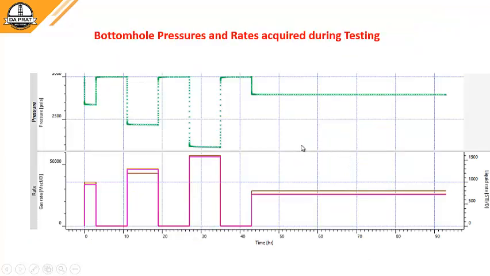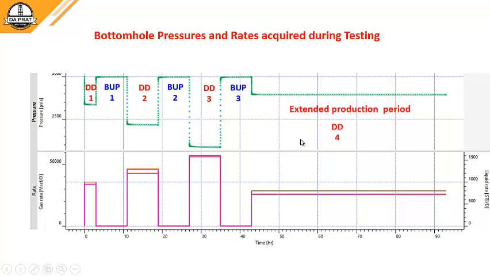Okay, here is our test history, and what we see here are the bottom hole pressures and the rates. In this case, we're showing the liquid rates and the gas rates. We have this trend here, which looks like a modified isochronous type of test commonly done in gas. And even though the transmissibility is quite good here, we decided to have an extended production period just to make sure that we reach limits.